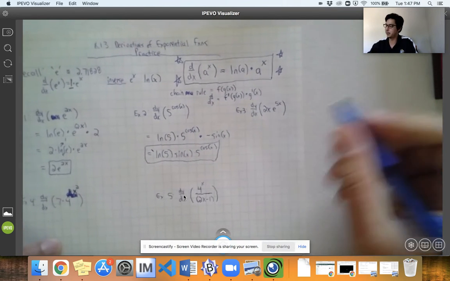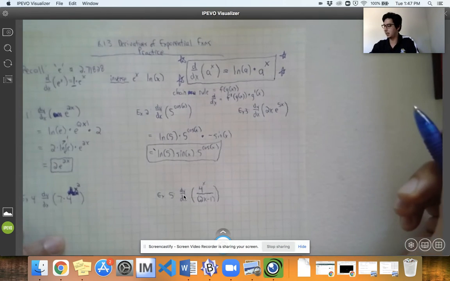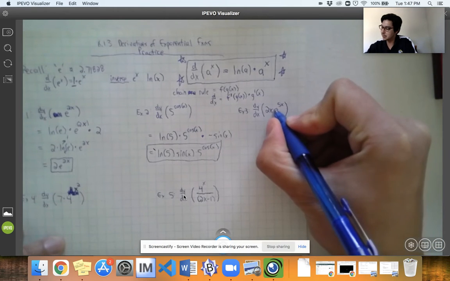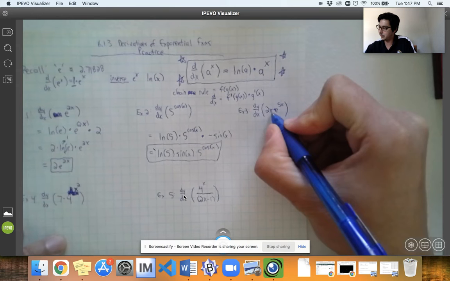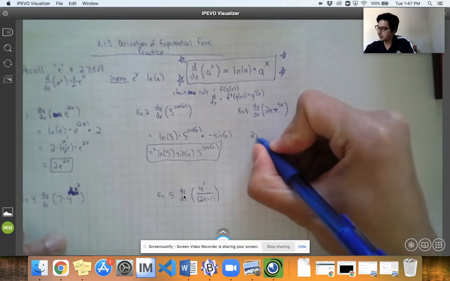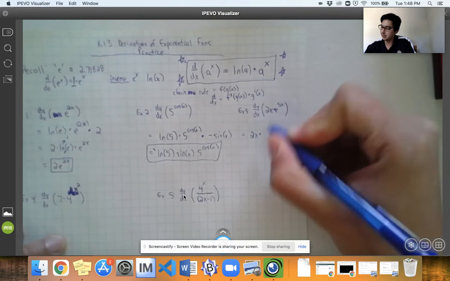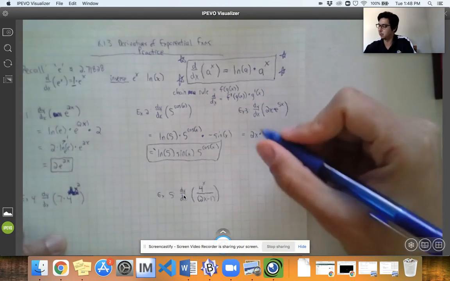Example 3, take the derivative of 2x e to the 5x. Now this one's going to be a bit longer, and I kind of messed myself up by not giving much space, because this is actually product rule, because it's 2 things multiplying together. So it's the first times the derivative of the second, and the derivative of e to the 5x is natural log of e, but again, I'm not going to put that because we don't need to, it's just 1.